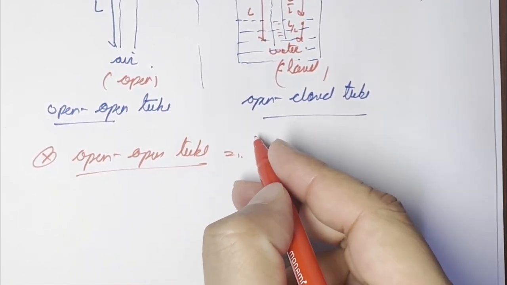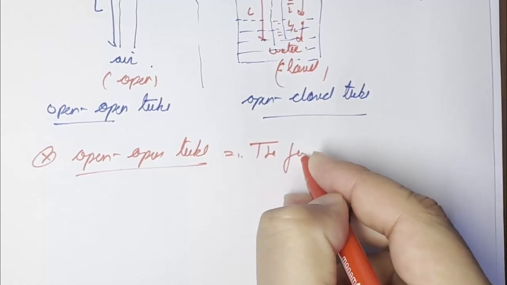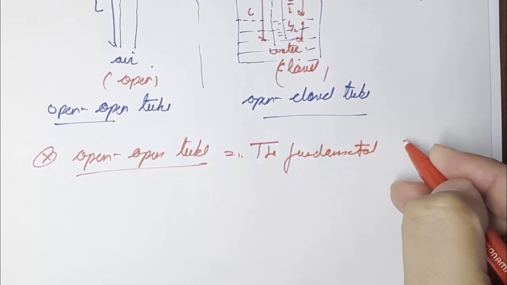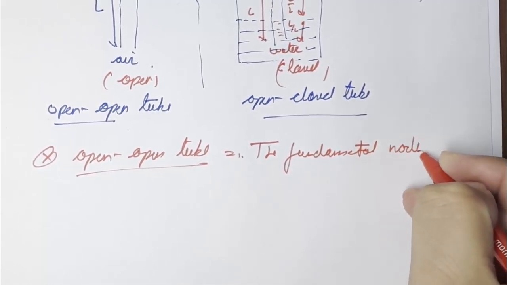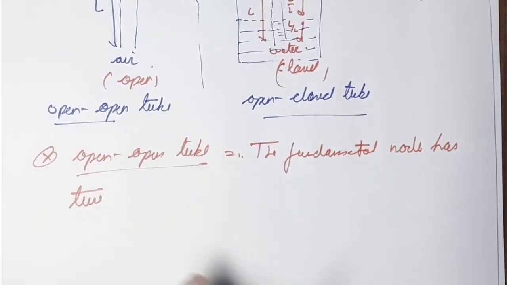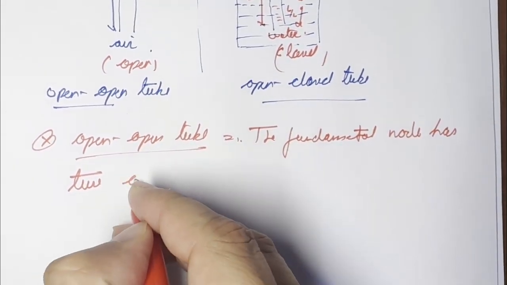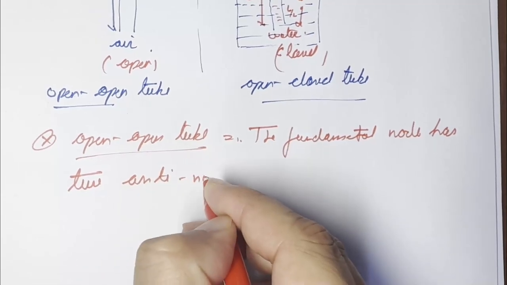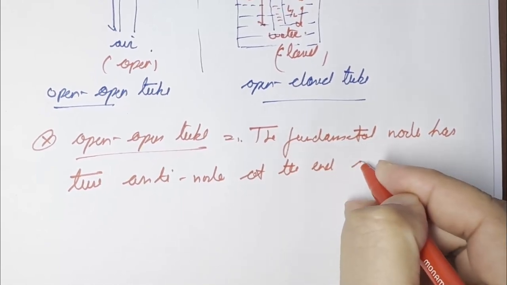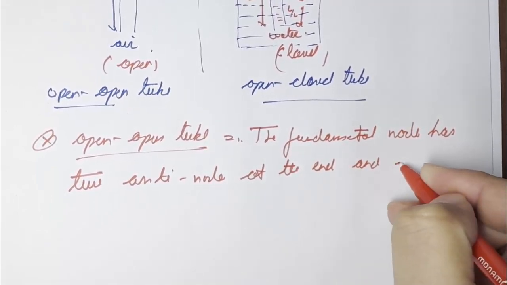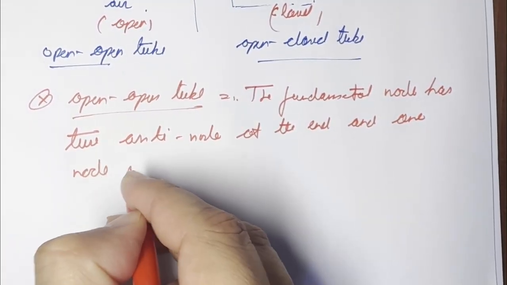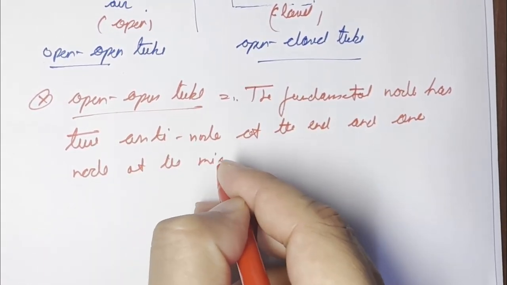So in this case, we can say the fundamental mode has two antinodes at the ends and one node at the middle.